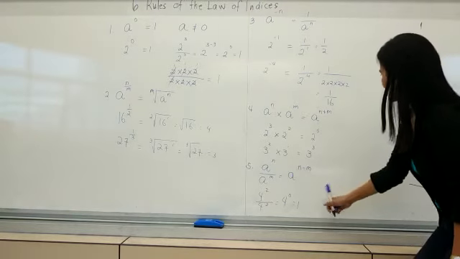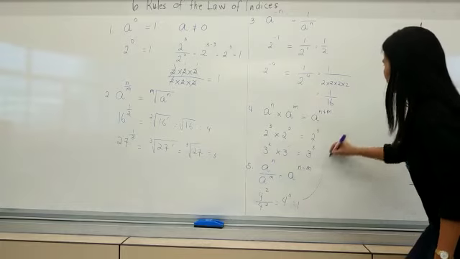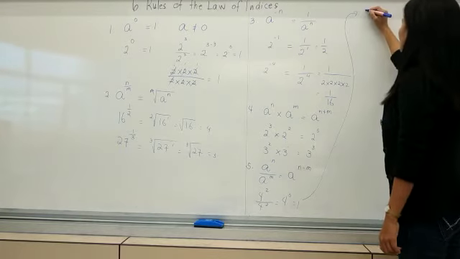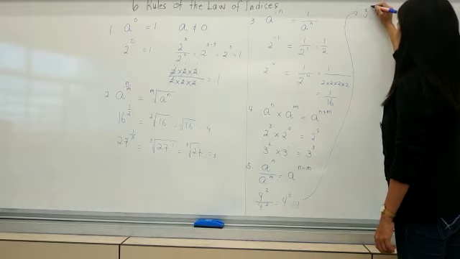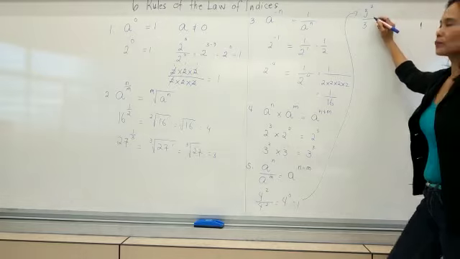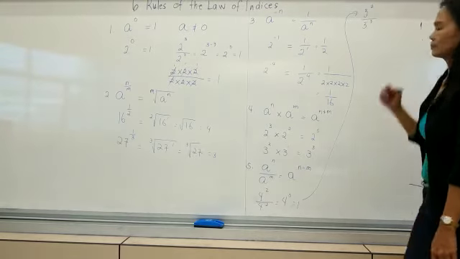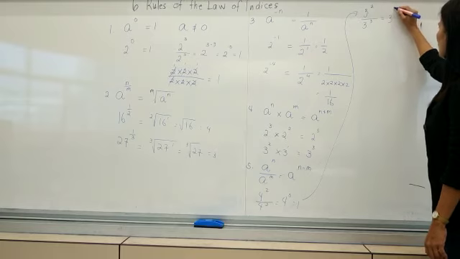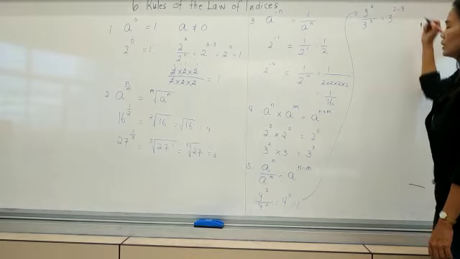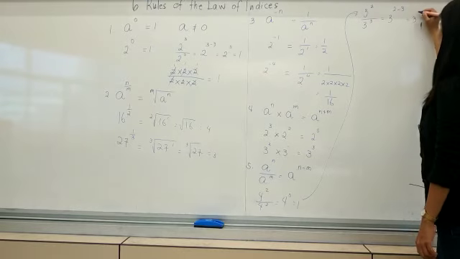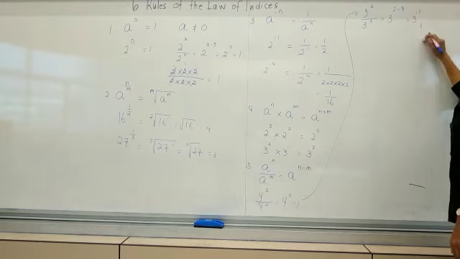Can we have another example for this one? Another example for this, we have 3 to the power of 2 divided by 3 to the power of 3. We have 3 to the power of 2 minus 3, and this should give us 3 to the power of negative 1.